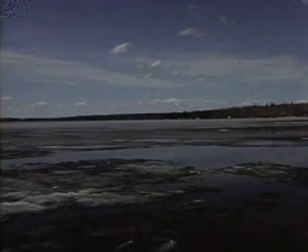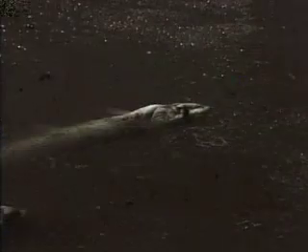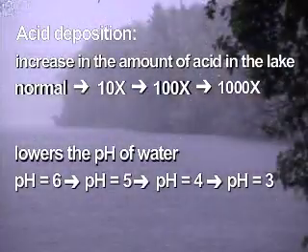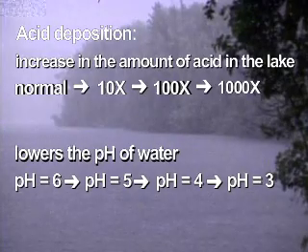Now let's return to the problem of an aquatic ecosystem threatened by acid deposition. A healthy lake has a pH of 6.